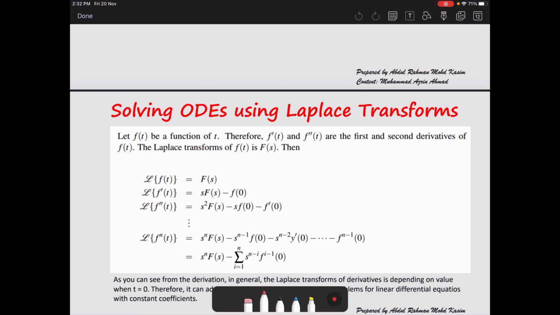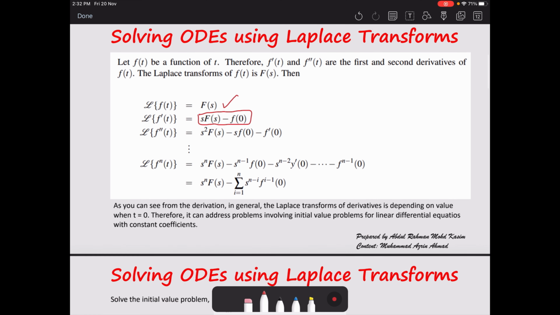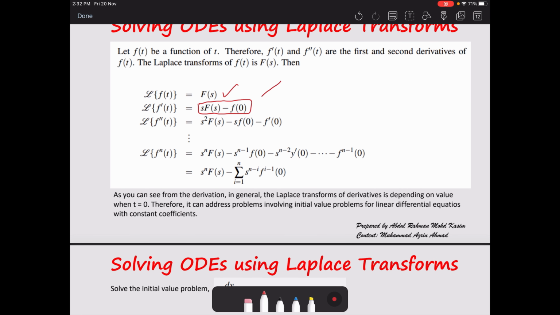But if you want to take the Laplace transform of f prime, you will get F(s) minus f(0), where f(0) can be found in the boundary condition given.